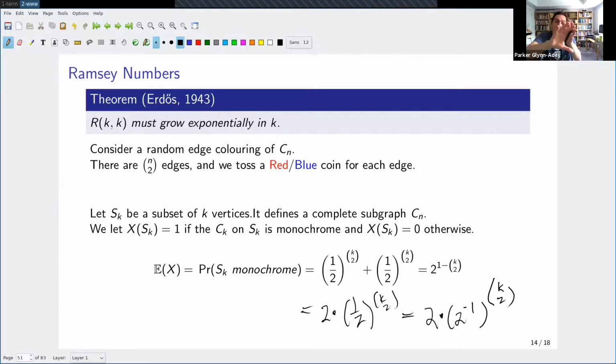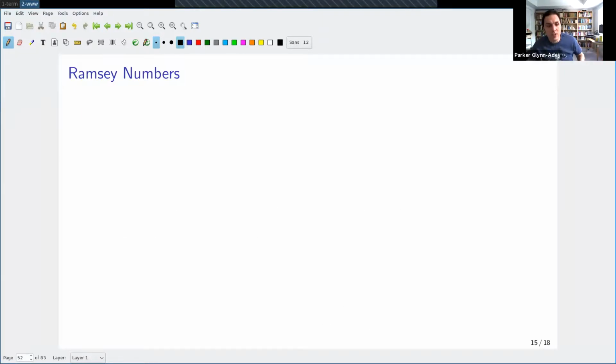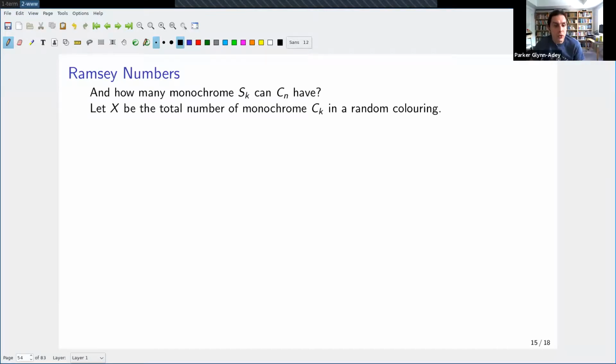And now we're going to look over our whole graph, and break up the number of monochrome triangles using linearity of expectation. How many monochrome things can it have? Well, the total number is going to be just the sum over all of these S_k's. We're going to look at every subpart, and we're going to say, is that subpart monochrome?